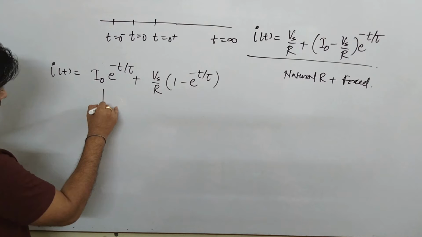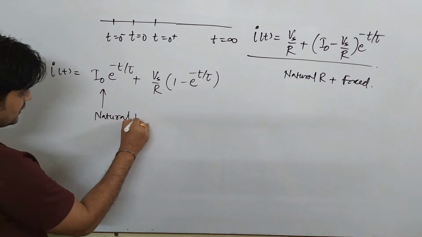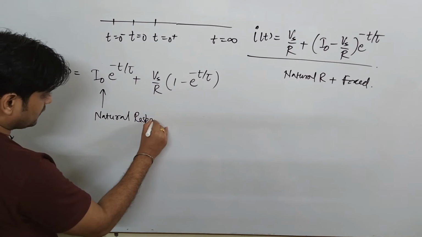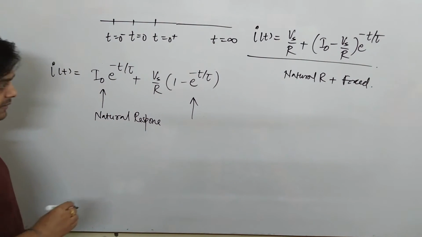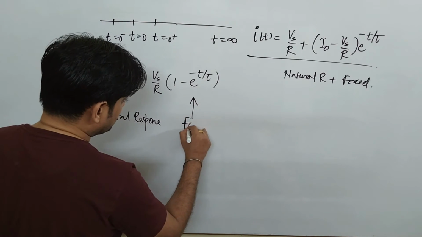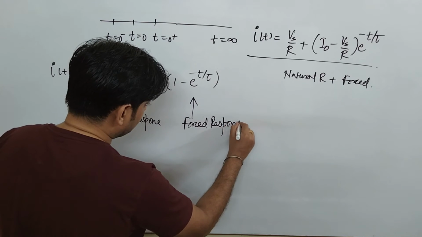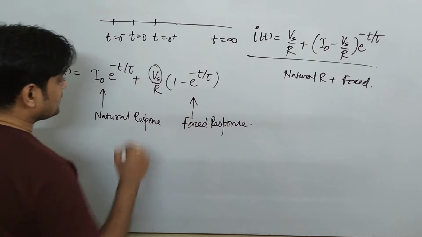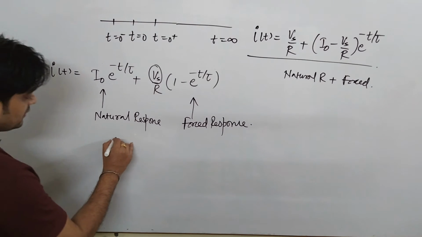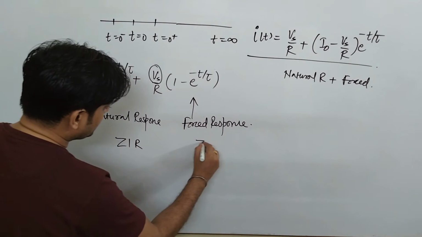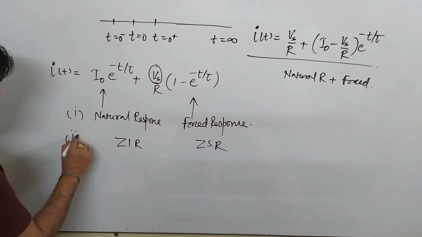This is your natural response. Why? Because it is because of the presence of initial current in the inductor and no source was applied. But this is your forced response. Why? Because some source Vs was applied, and the response which occurs in the network is known as forced response. This also you can say is ZIR, this you can say is ZSR. This is first, this is second.